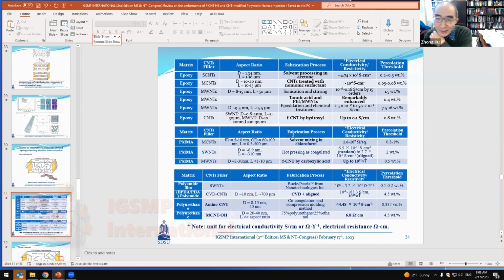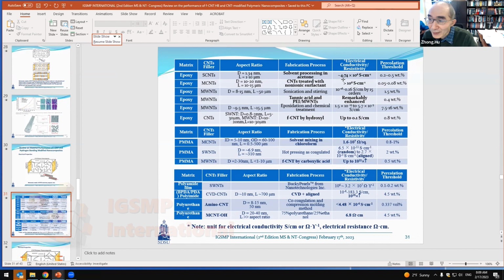And this is so much data, mostly from experimental results from the research literature.